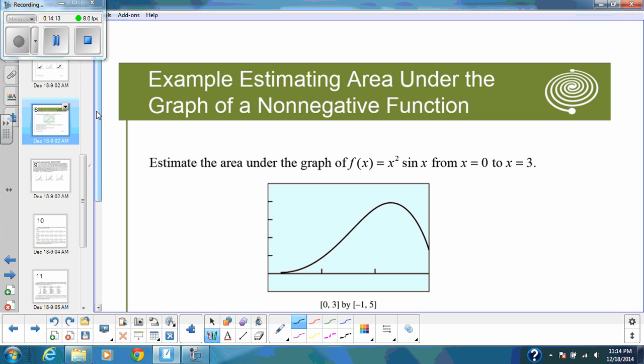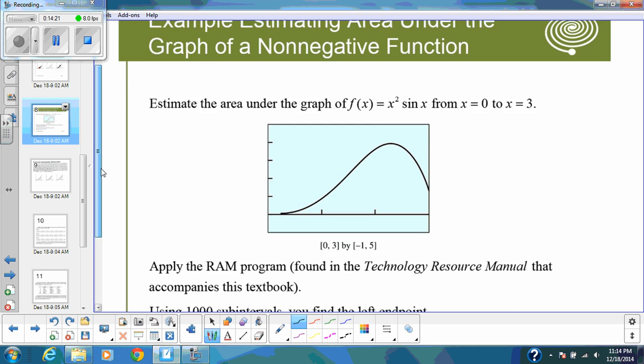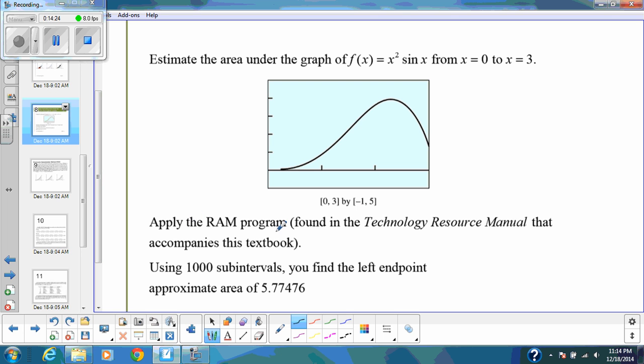For instance, if I have this graph here, x squared sine x from x equals 0 to x equals 3, you're going to apply this RAM program, which I'm going to share between your calculators, where you can have it add up 1,000 subintervals, which would take you a little while to do, and find approximations that way.